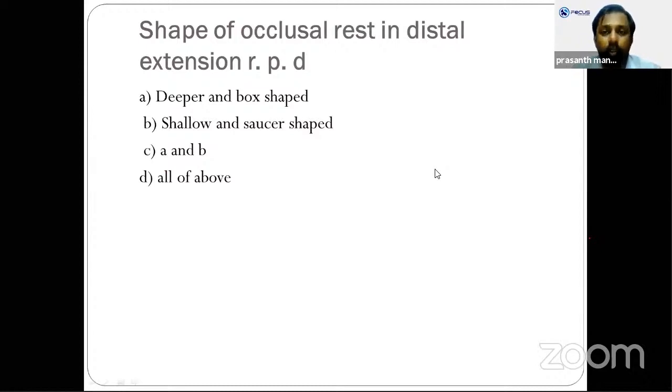What should be the shape of the occlusal rest in distal extension removable partial denture? Deeper and box shaped, shallow and saucer shaped, both A and B, all of the above. It should be shallow and saucer shaped. What is the meaning of shallow? It means that the preparation should remain within the enamel.